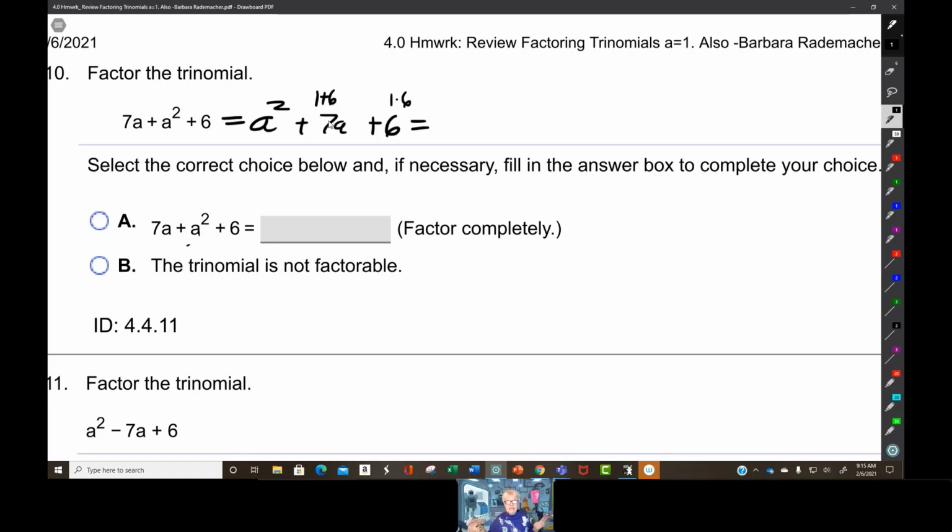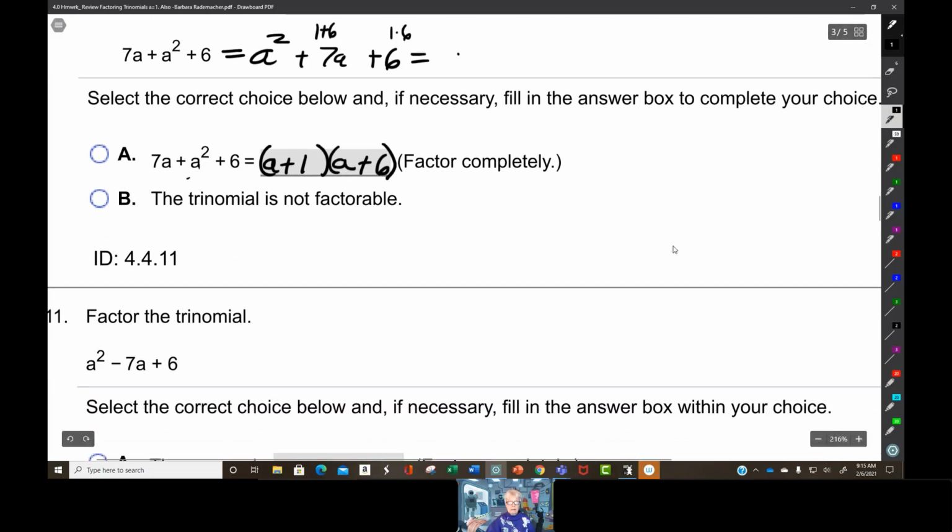So do you see it can be that fast once you get used to doing it? That'll give you A plus 1, plus 6. And that is the answer. But check it.